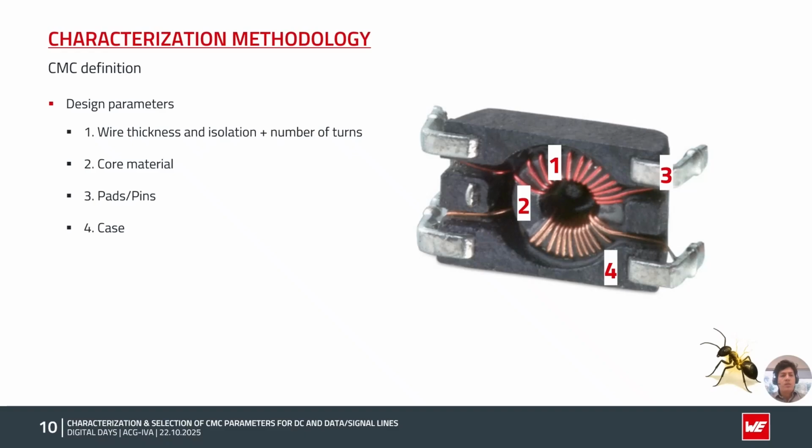Through the definition of these parameters, we provide a clear framework for both the electrical specifications we are targeting and the physical dimensions of the component. Through a combination of simulations and production processes, we are able to achieve the target values of each one of these parameters. And finally, we will define the final design.